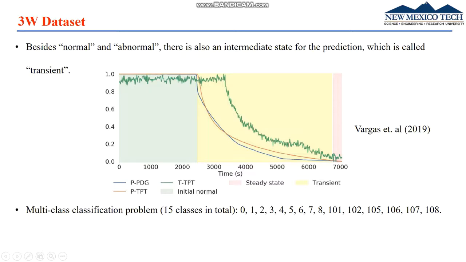Let me give some more description about the 3W dataset. Besides the normal and abnormal labels, there is a transient state. It lies between the normal state and the abnormal state, so it is called the transient, happening right before the steady state or abnormal state. We have 8 problems in total.